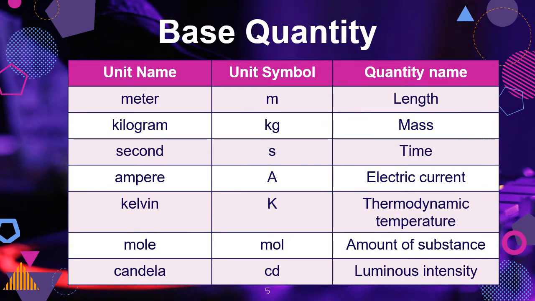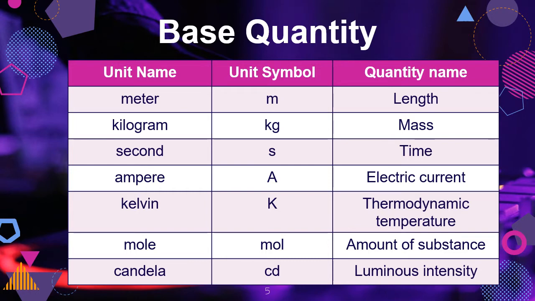So physical quantities are divided into base quantities and derived quantities. Let's have first the base quantities. We have here the SI units in the table: the unit name, the unit symbol, and the quantity name. First, the meter.